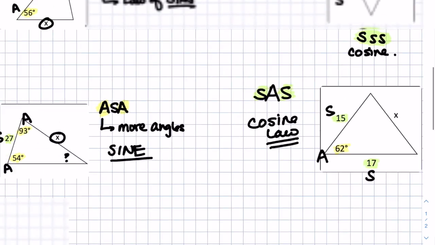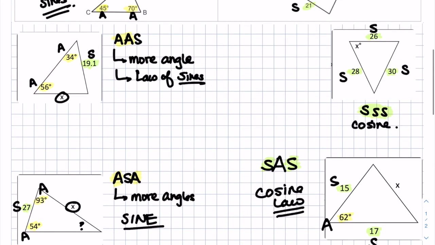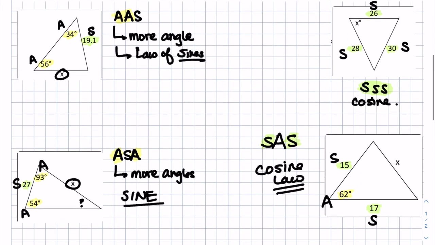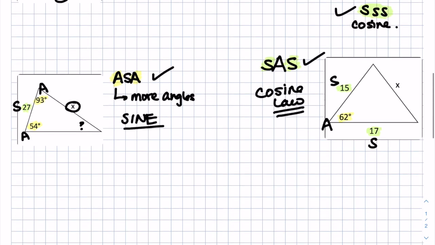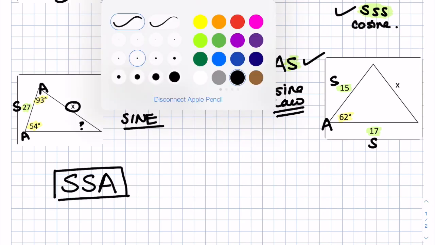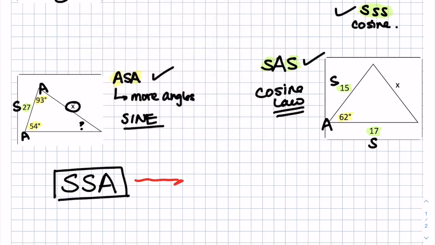Okay, and I do want to mention, just real quick, you might come across one other case. So this is one of each: angle, angle, side; angle, side, angle; side, side, side; or side, angle, side. There is one more case called the side, side, angle. And in this case, it's actually an interesting case.